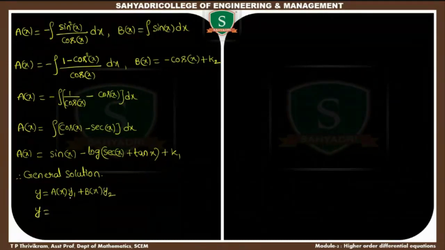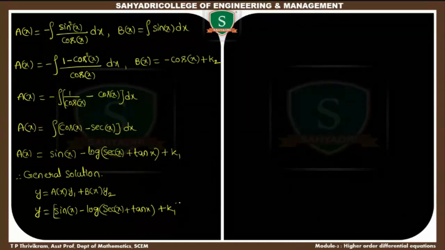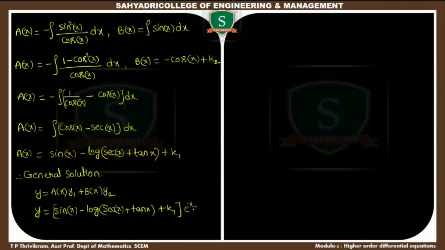So therefore, y is equal to a of x, sin x minus log of secant x plus tan x plus k1, into e power x cos x, plus minus cos x plus k2 into e power x sin x.